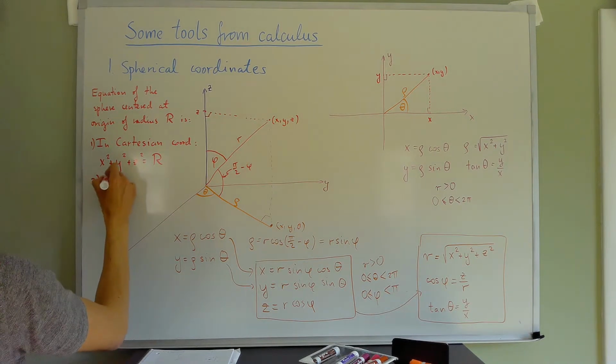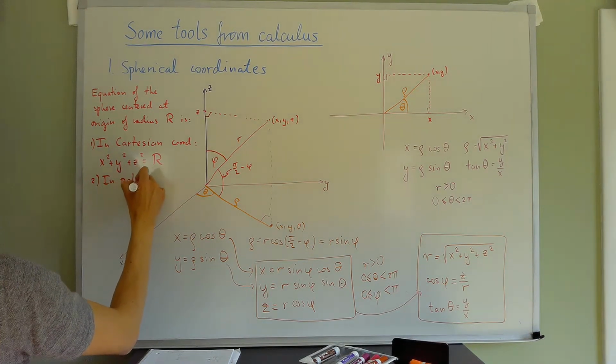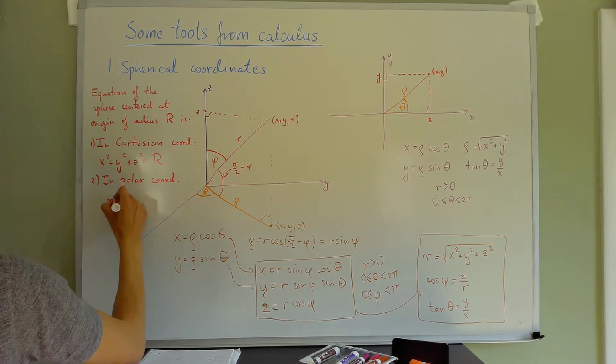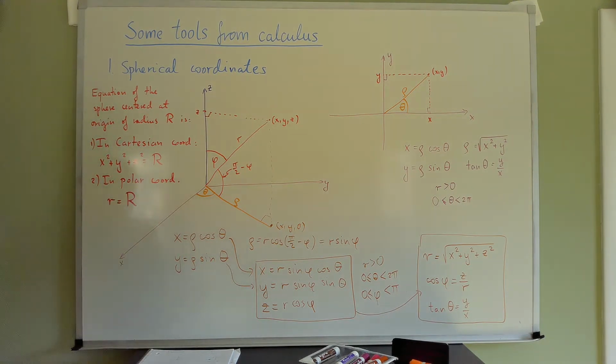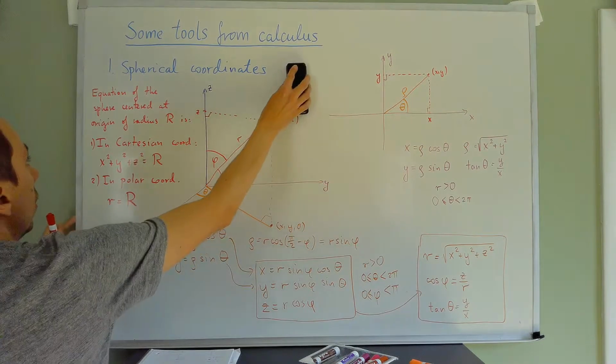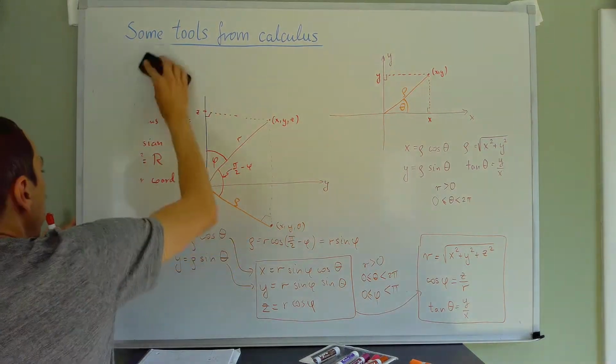But in spherical coordinates, it's particularly simple. It's just r equals R. So this is a variable, and this big R is a constant. You want the distance from the origin of all the points that lie on the sphere to be R. Okay, so much about spherical coordinates.